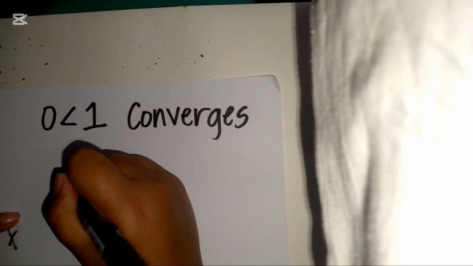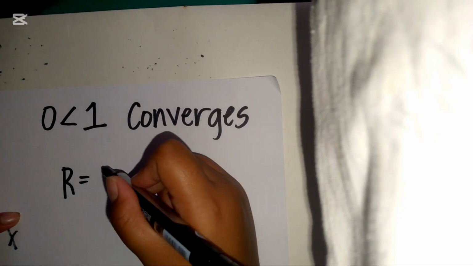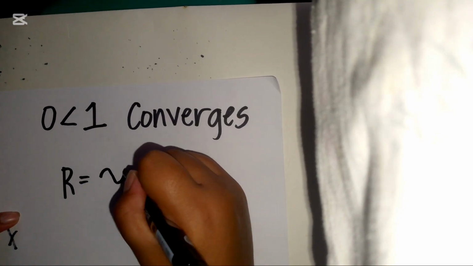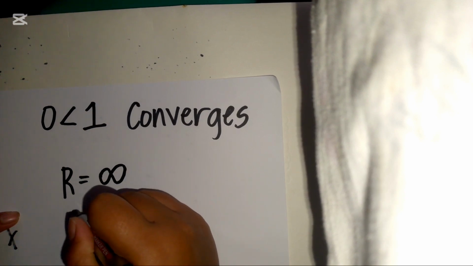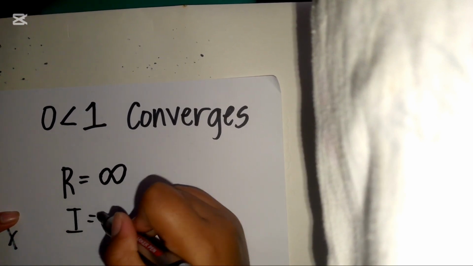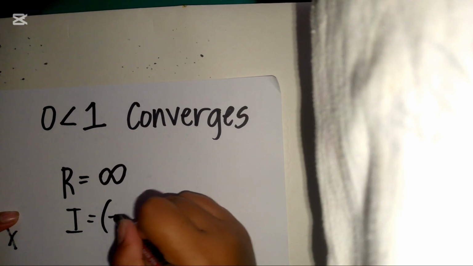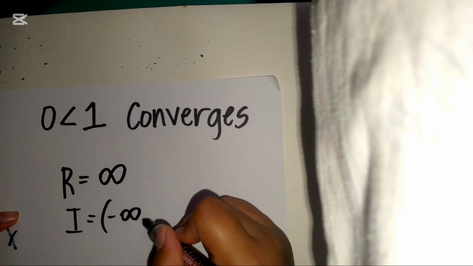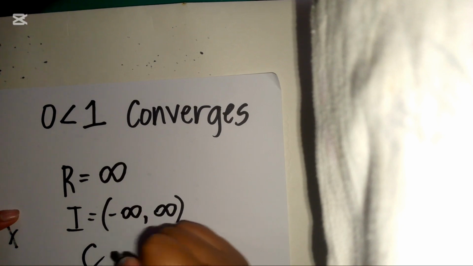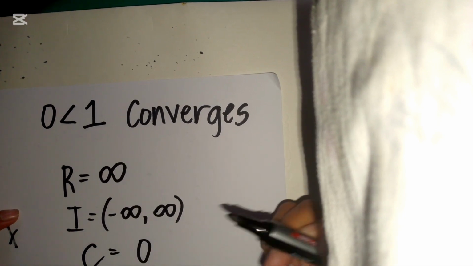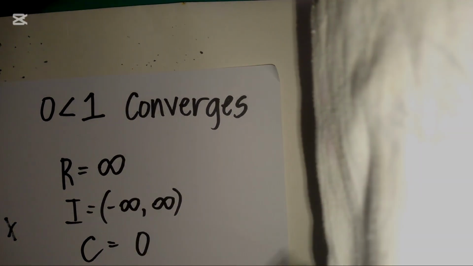In this given, as you can see in the table or figure number 1 in the introduction, the radius will be infinity and the interval of convergence will be negative infinity to positive infinity. And the center is 0.